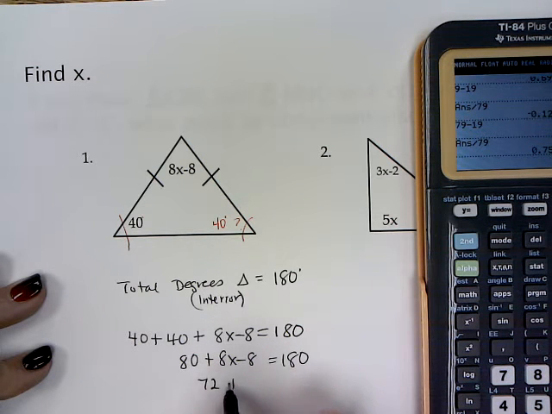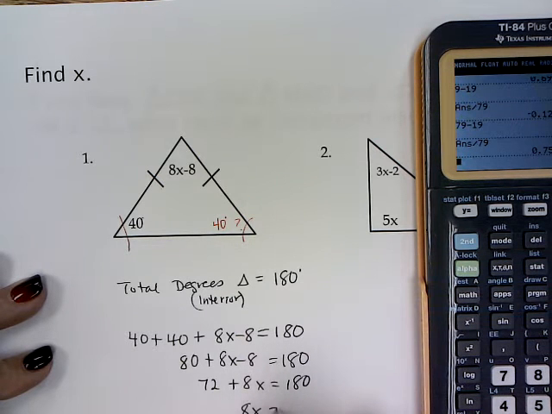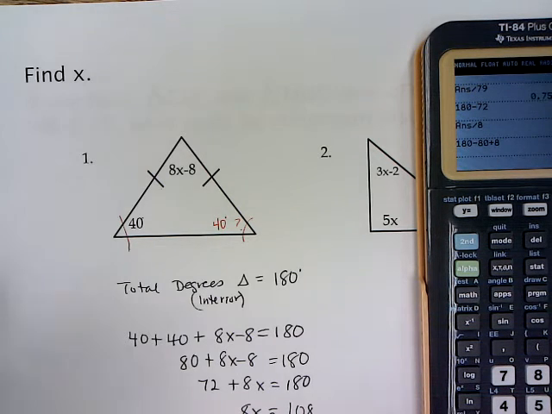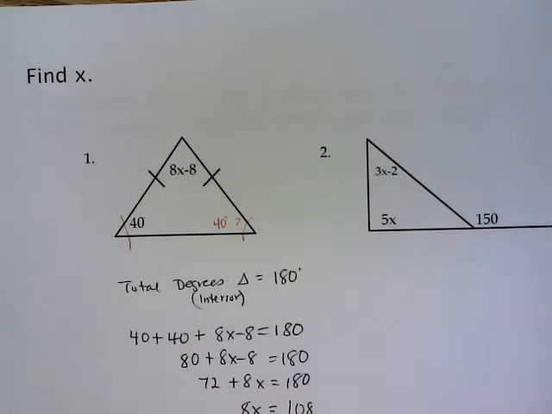So 72, sorry, I'm taking the long road here. So 180 minus 72 gave me 108. So x here is 13.5. And that's all I was looking for. It's a value, so I do not put a degree on it. It's just 13.5.